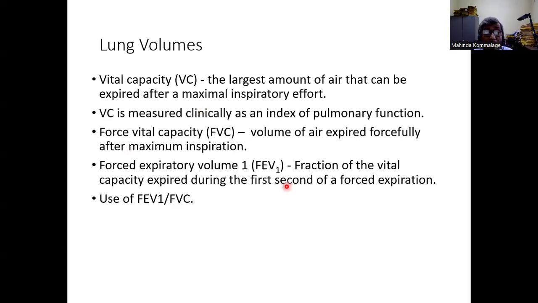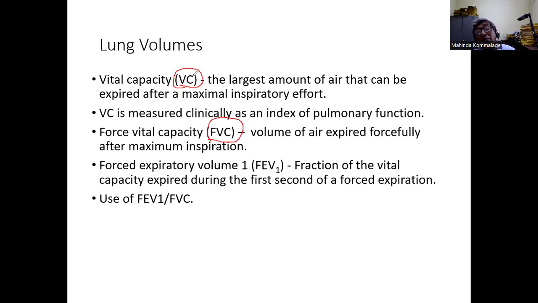But in practice, sometimes we use forced vital capacity. If I want to remove the whole vital capacity, we can do that, but with effort also we can do that. When we try to empty the whole lungs forcefully, we call it forced vital capacity.